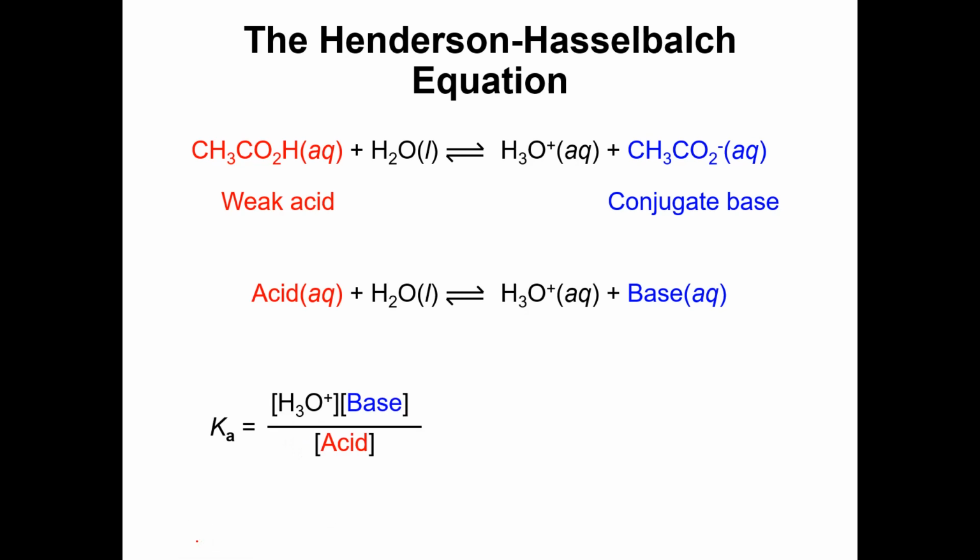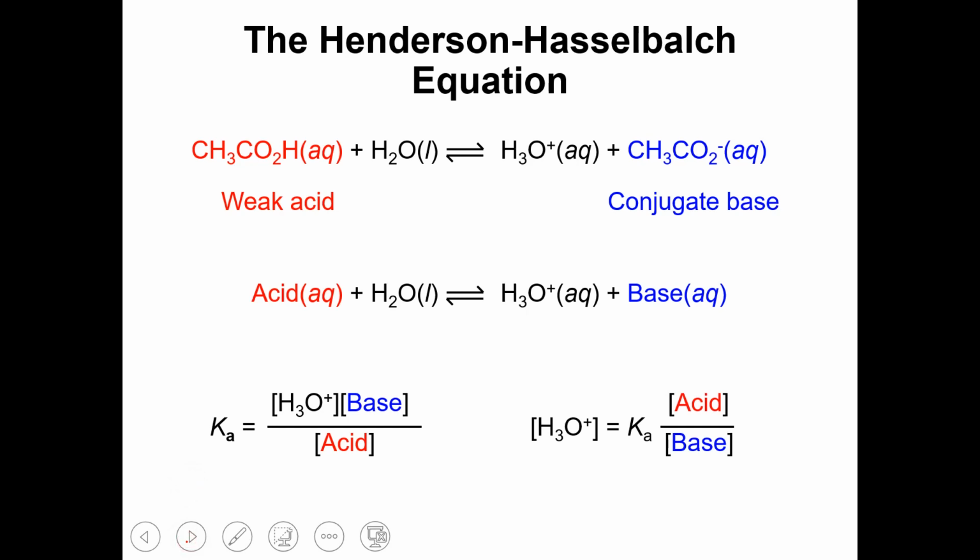So we learned when we write the acid dissociation constant for any acid really, we have H3O plus, our conjugate base, over the acid. So we can rearrange that and solve for H3O plus.